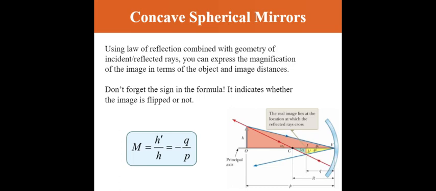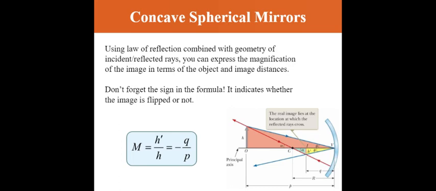And with some geometry, you can figure out that the magnification of the object, whether the image is bigger or smaller than the actual object, can be found through the position of the image over the position of the object.